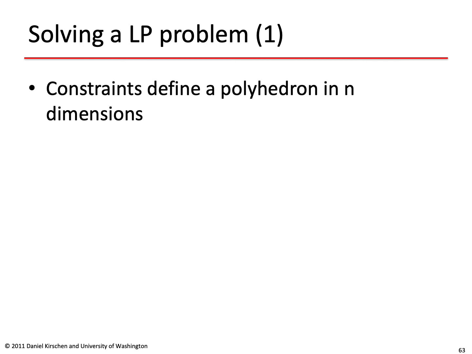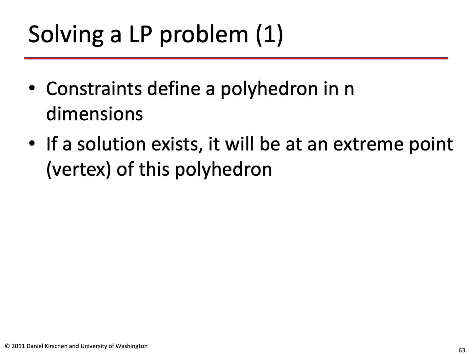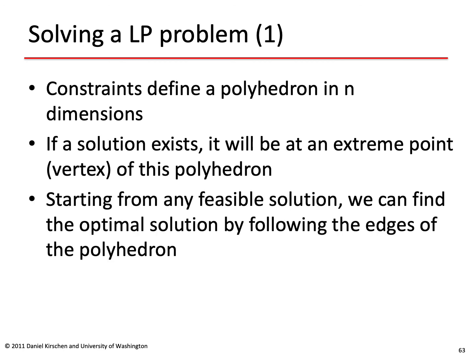And as I have mentioned before, if a solution exists, it will be an extreme point or vertex of this polyhedron. And the idea is that I should start from any feasible solution of the problem, any solution that meets constraints, and I can go from that feasible solution to the optimal solution by following the edges of the polyhedron, just like I followed the outside contour of my feasible set in my two-dimensional example.